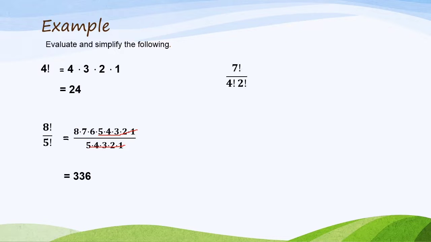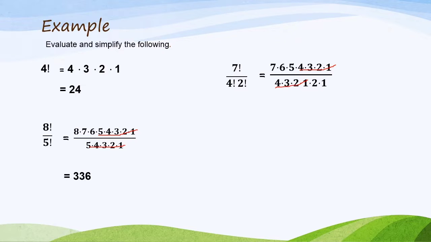So 8 factorial divided by 5 factorial is equal to 336. Another, 7 factorial divided by 4 factorial multiplied by 2 factorial. So let us simplify. 7 factorial is equal to 7 times 6 times 5 times 4 times 3 times 2 times 1 divided by 4 factorial, which is 4 times 3 times 2 times 1. And then the 2 factorial is 2 times 1. Then cancel out 4 times 3 times 2 times 1.